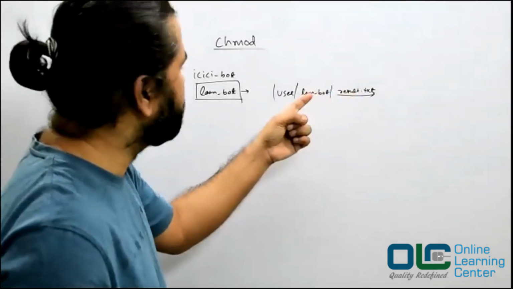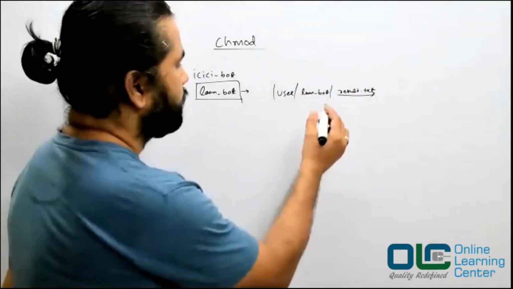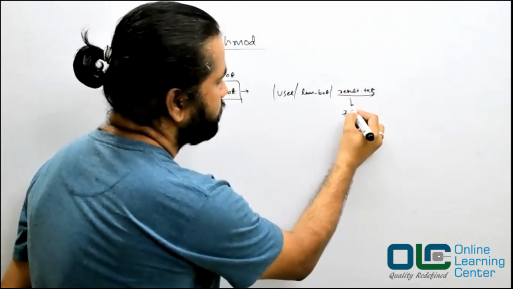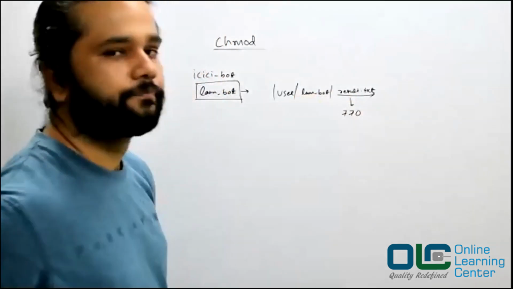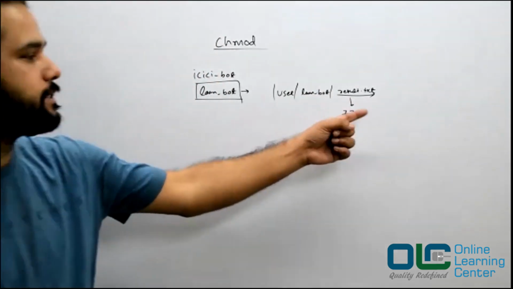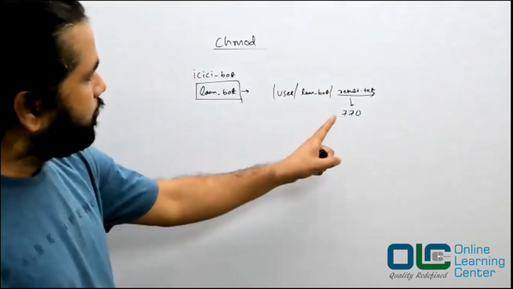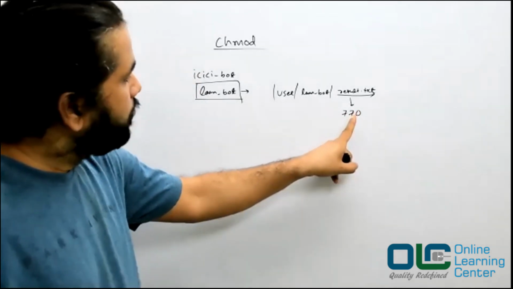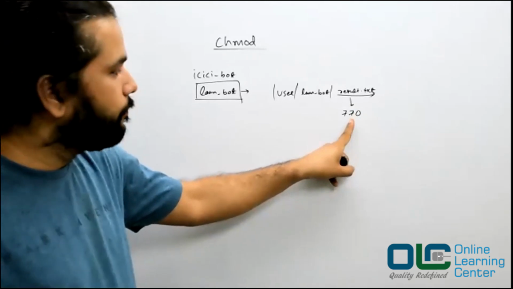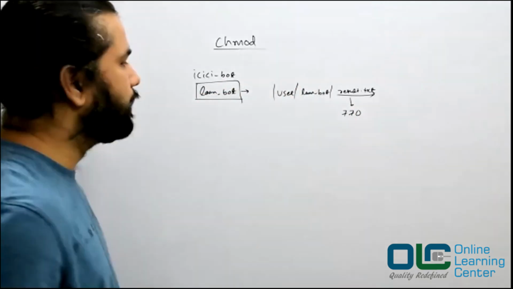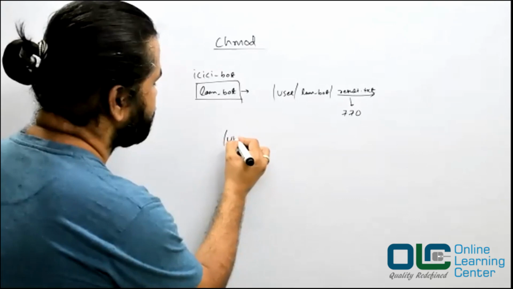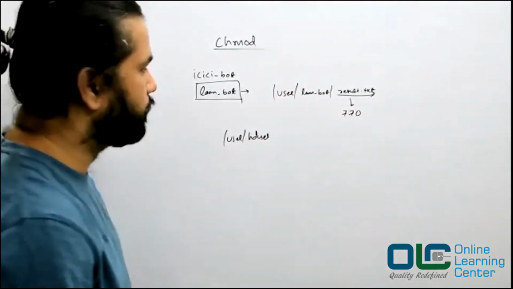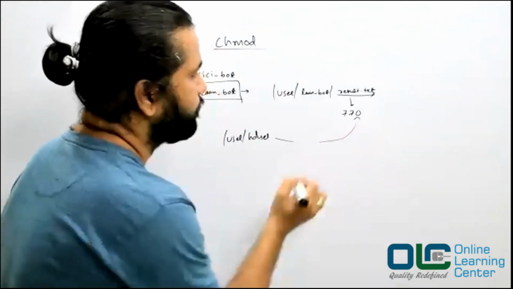This file has been created by loan bot, but the permission for this file could be 770. Which means loan bot can do everything, the group members can do everything, but others cannot do anything. And let's assume your sduser is not a part of the group. So he's an outsider here, right?